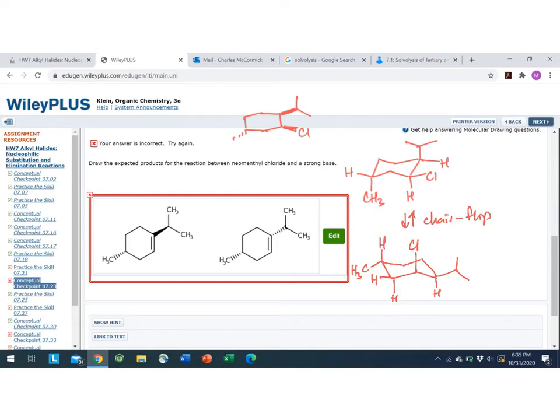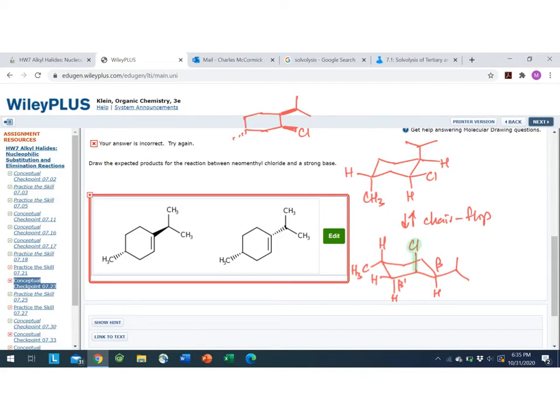And so here now, again, here's beta, here's beta prime. I'm using those because they're different groups. For example, this is a methine, this is a methylene. So beta is not equal to beta prime. But now the choice you have to make is, here the chlorine is axial.